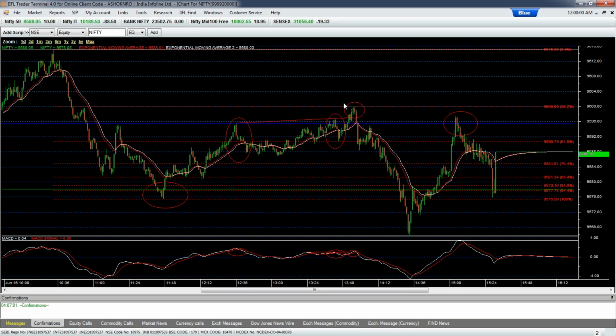Combined with this indicator over here, that is the 9600, which is a psychological resistance for the market. When it is full numbers, usually around round numbers, 9550, 9600, 9650, all those are strong resistances, right?